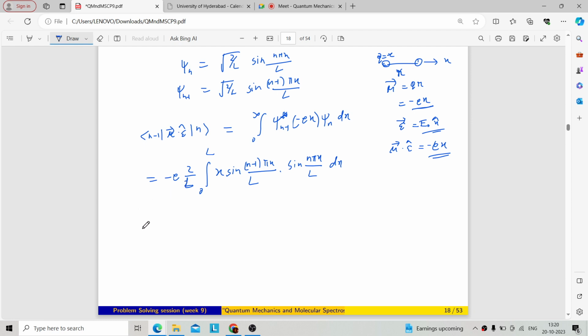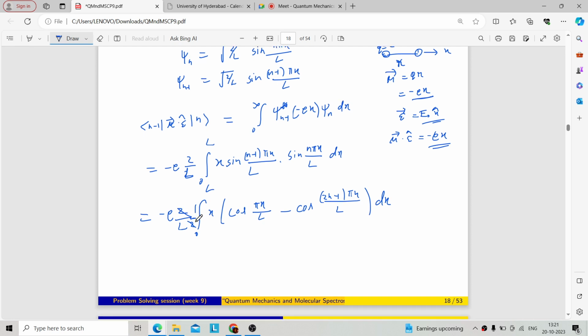If I put the identity directly here, I take 1 over 2 outside, then x times cos pi x over L minus cos (2n minus 1) pi x over L. The 2s cancel.